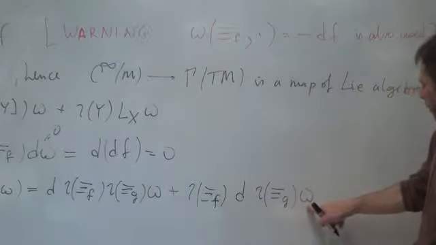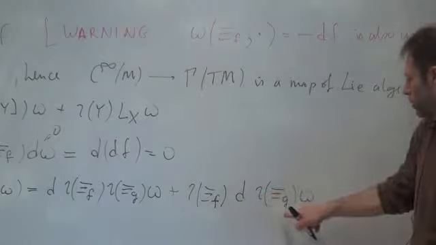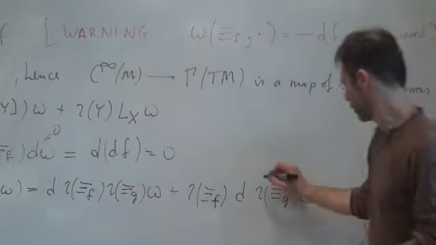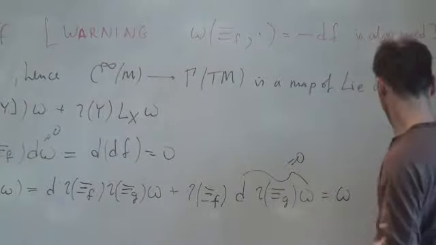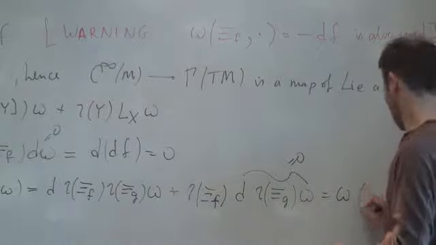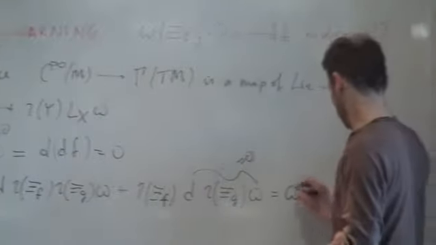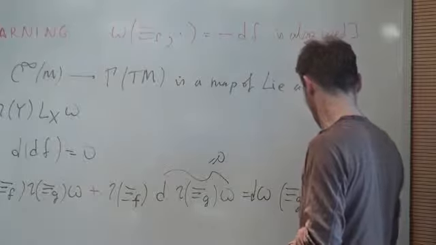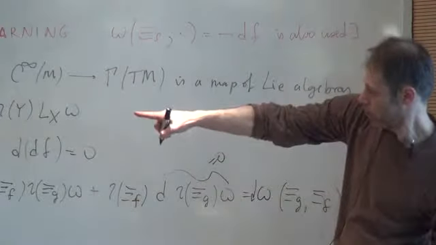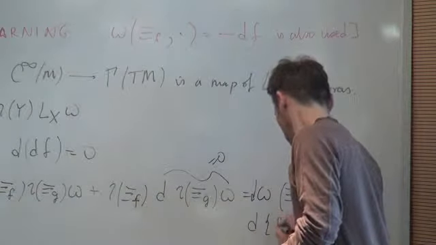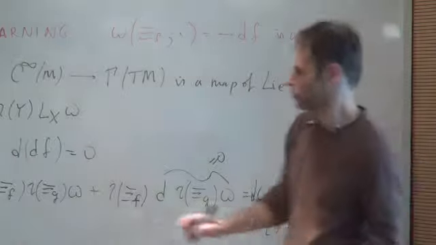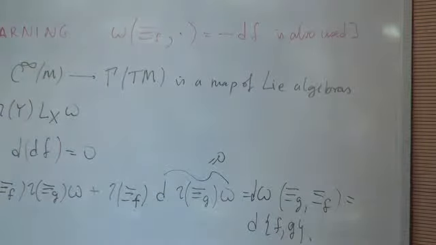This is the contraction of the Hamiltonian vector field with omega, that's dg. d of dg is 0. Contraction is something, doesn't matter, so this thing is 0. And what's left here? This is omega of Xg, Xf. It's d of omega of Xg, Xf. Let's see, omega of Xg, Xf, this is d of the Poisson bracket, right? Using this. So the whole thing is d of the Poisson bracket.